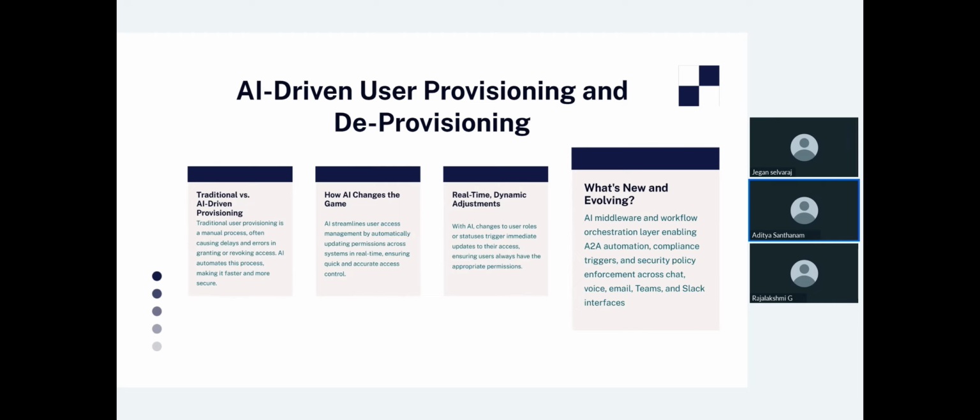I'm going to dive a little deeper into it in the coming slides, but I'll touch upon what is evolving and what is currently available. What is currently available could be a simple chatbot that automates all your user provisioning and deprovisioning journeys across applications and hybrid environments. But what is behind the show is the way you create and orchestrate these agents to get things done.